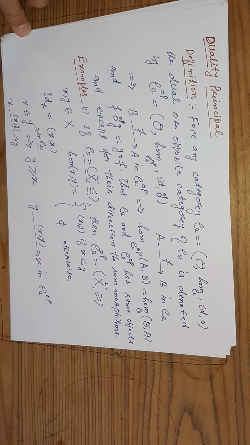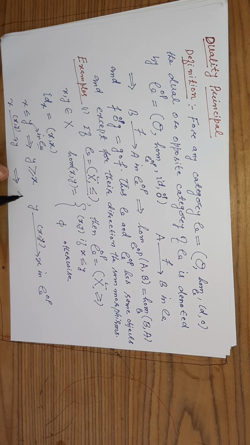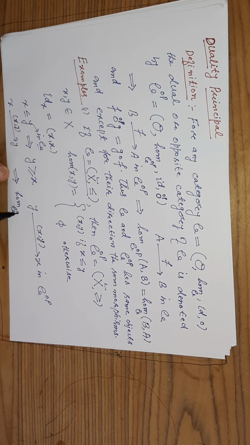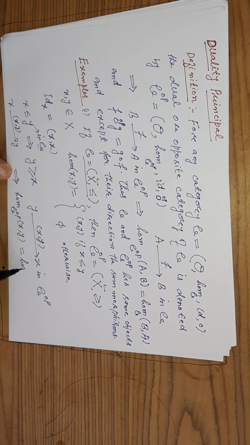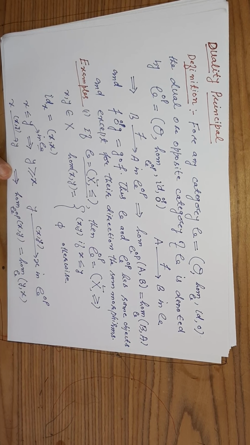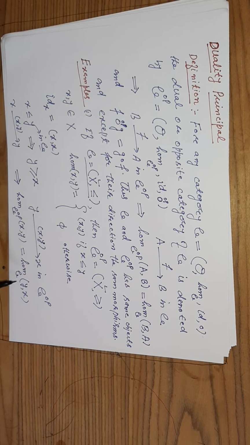So it means that hom C opposite (X, Y) is the same as hom C (Y, X), because any arrow in C gives rise to an arrow in C opposite, but in the reverse direction.